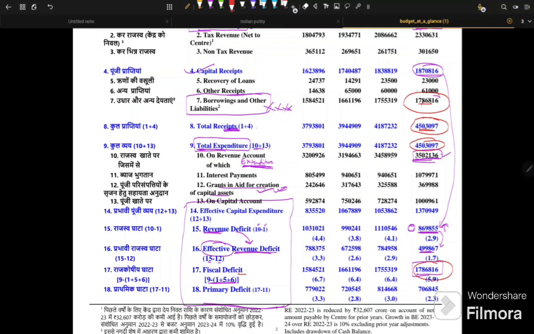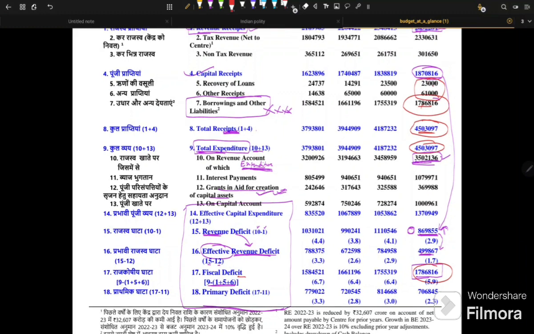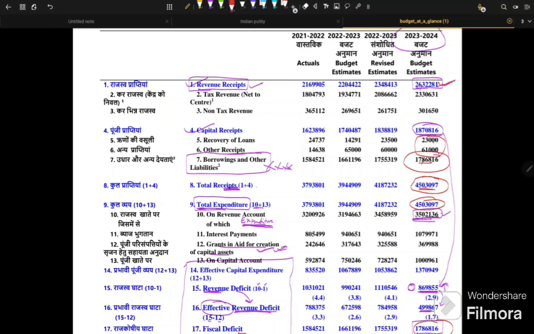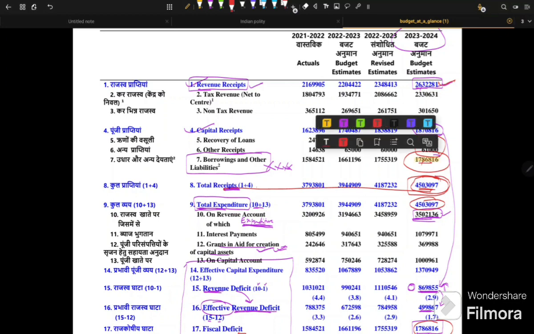If we add this one and this one, we get the actual receipt of the government. This total receipt they give is obtained after adding the borrowing term. Borrowing is to meet this expenditure.